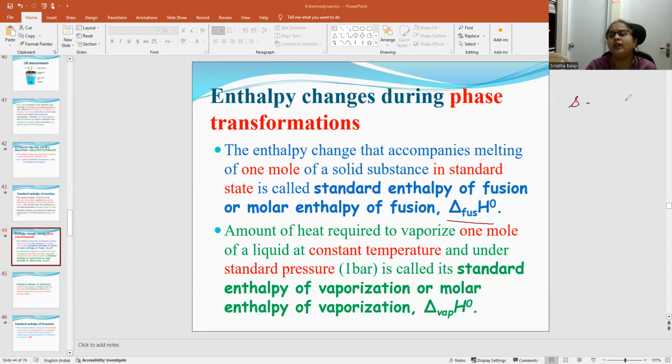So from solid to liquid, what is another name we give for melting? Melting has got another name. Do you know that? What happens during melting? Solid converts to liquid. Right? Now, this is also known as fusion. That's another name.